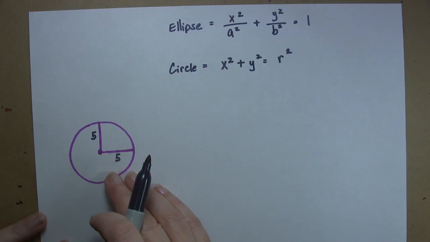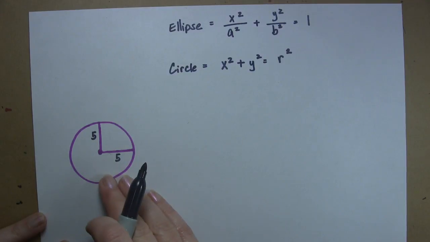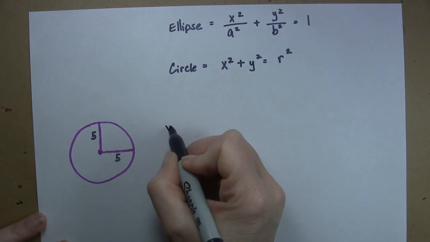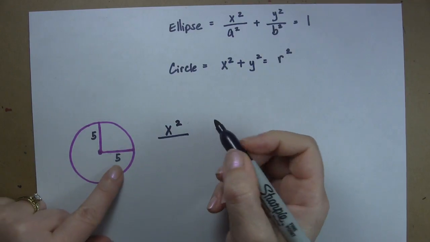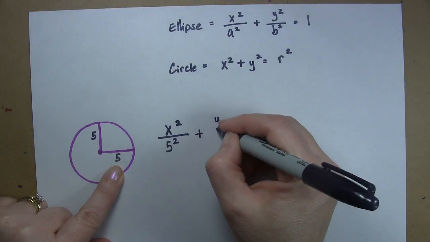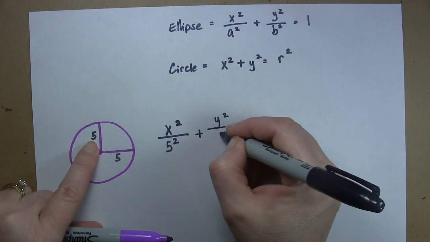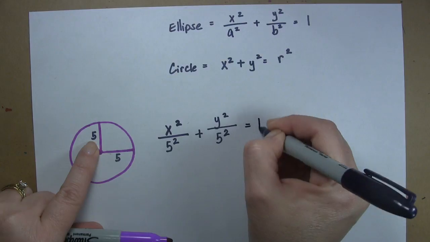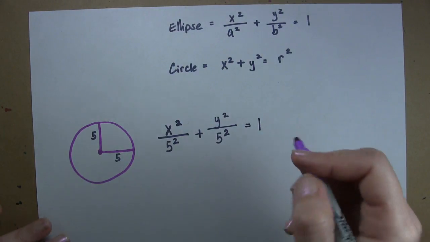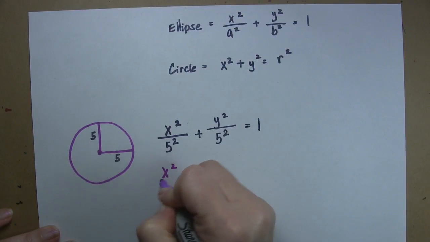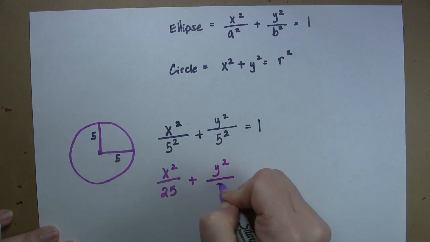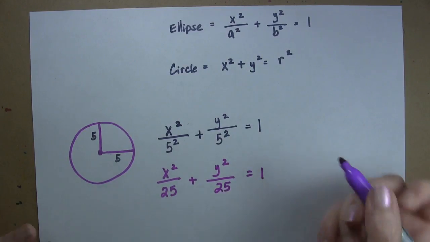So let's put this circle in an ellipse format. So that would be x squared over 5 squared plus y squared over 5 squared equals 1. And that could be rewritten as x squared over 25 plus y squared over 25 equals 1.